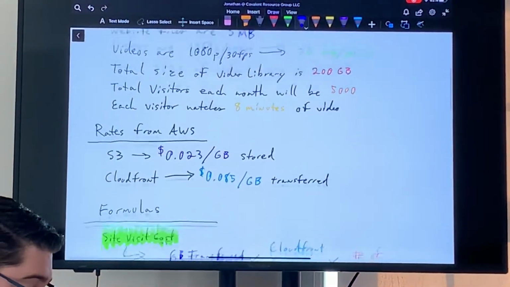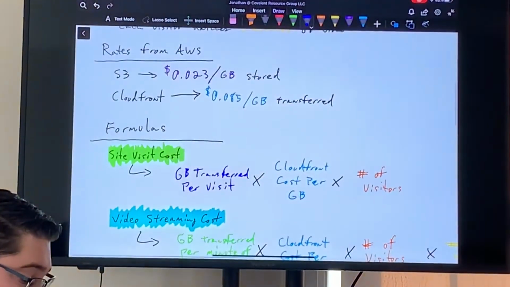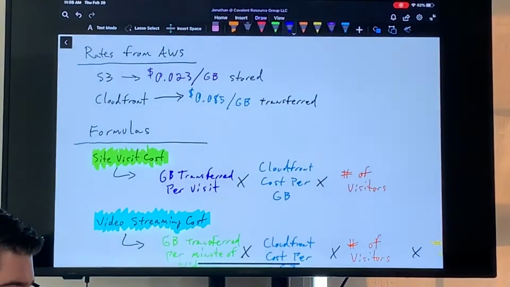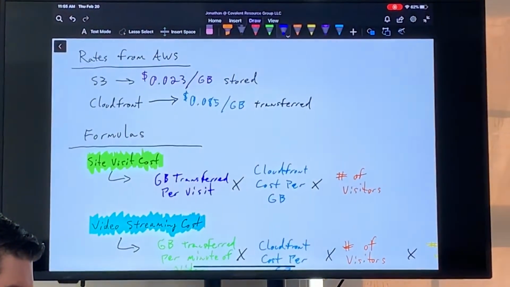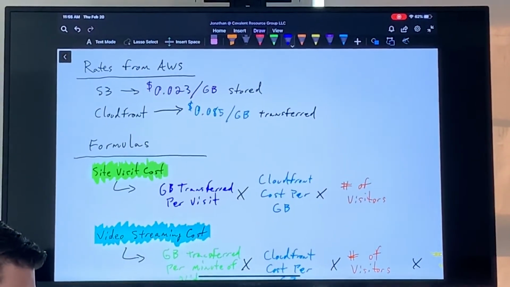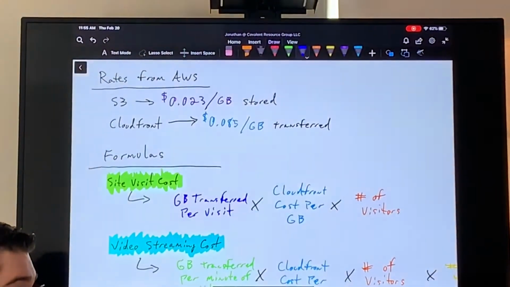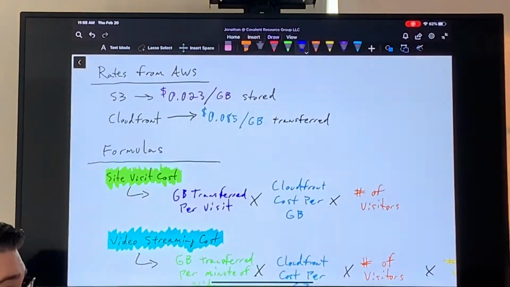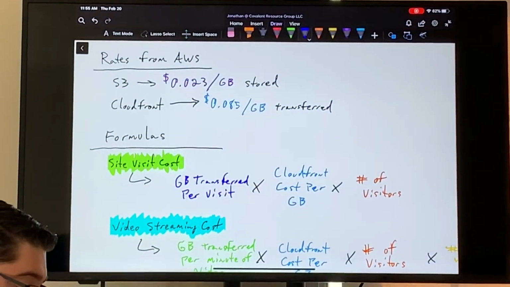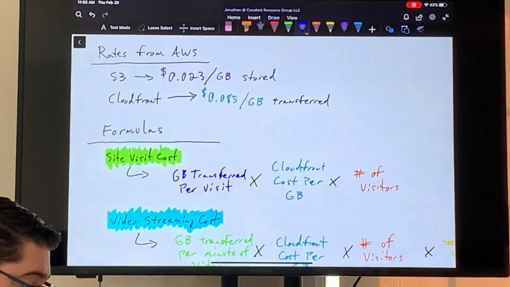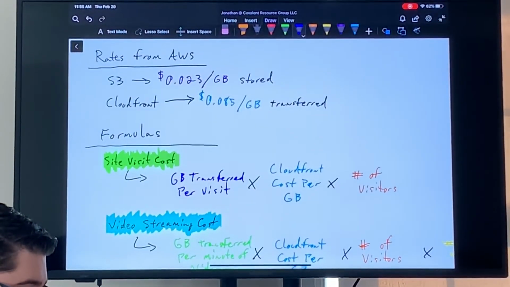Now the things that don't change are what AWS charges you for using their services. And these rates are basically at the entry level. As you start using a whole lot more data, these rates will come down, but this is where you'd be starting. There are 2 different services mostly involved here.